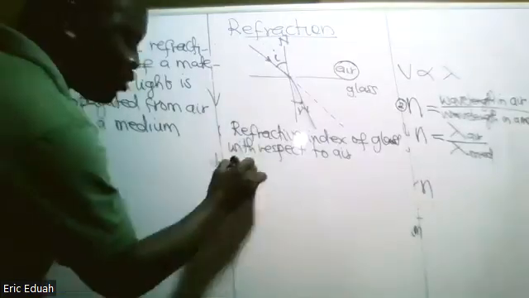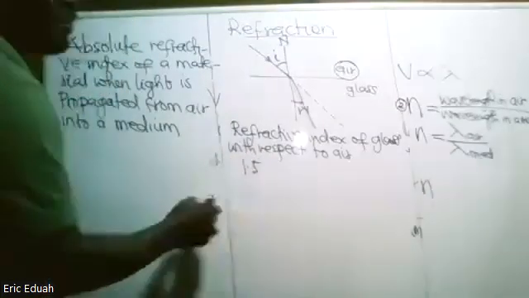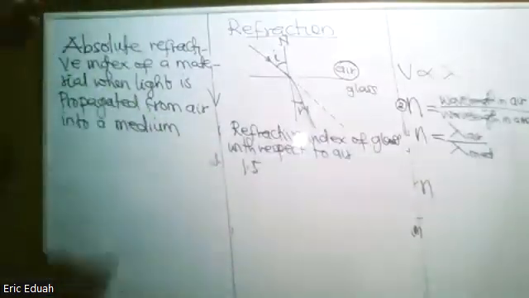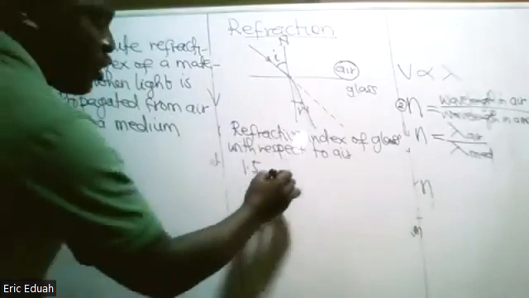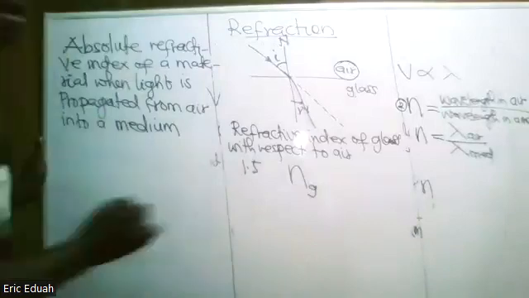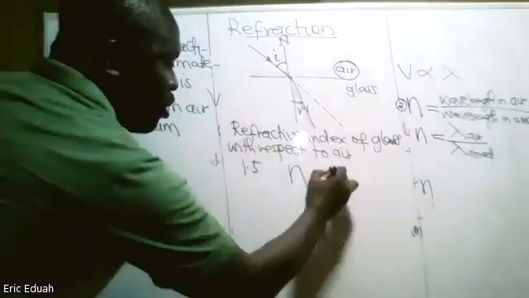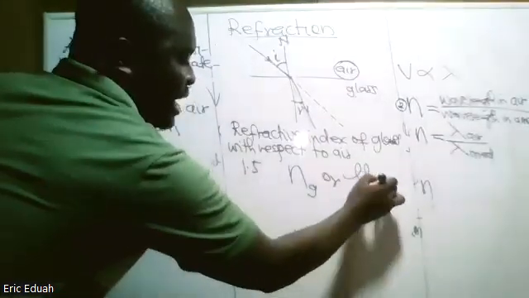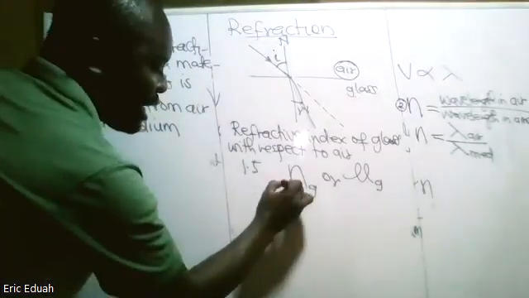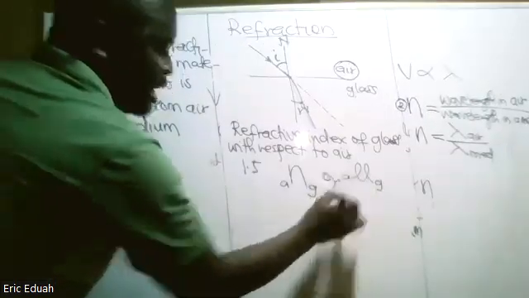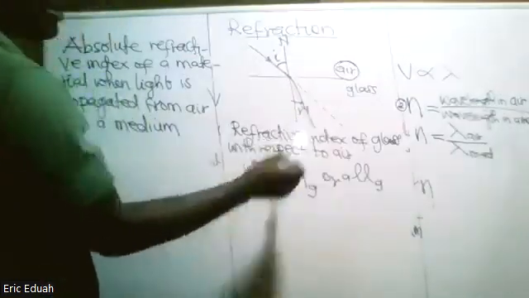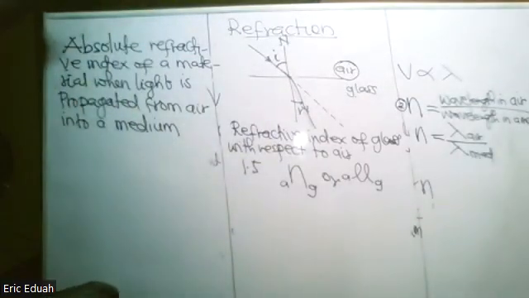If the value is maybe 1.5, it refers to the refractive index of the second medium through the first medium. So n of what? N of glass, or mu of glass, through which medium? Through air. The refractive index of glass with respect to the first medium, which is air.